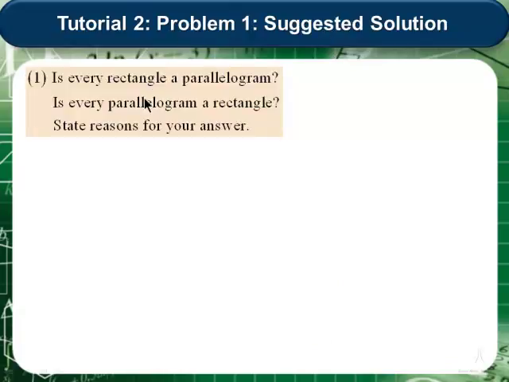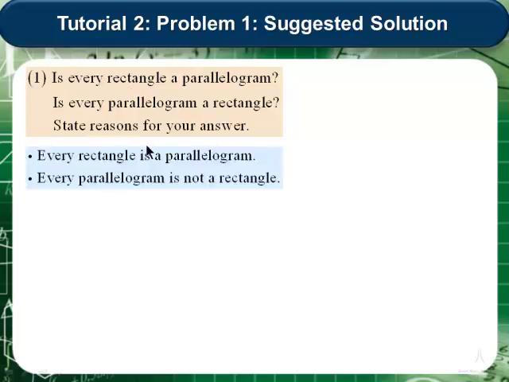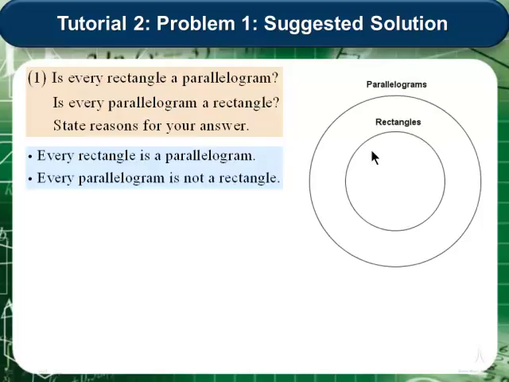Let us look at the suggested solution to problem 1 of tutorial 2. This particular problem deals with the relationship between rectangles and parallelograms. If we consider this diagram, we'll see that the set of rectangles is a subset of the set of parallelograms.